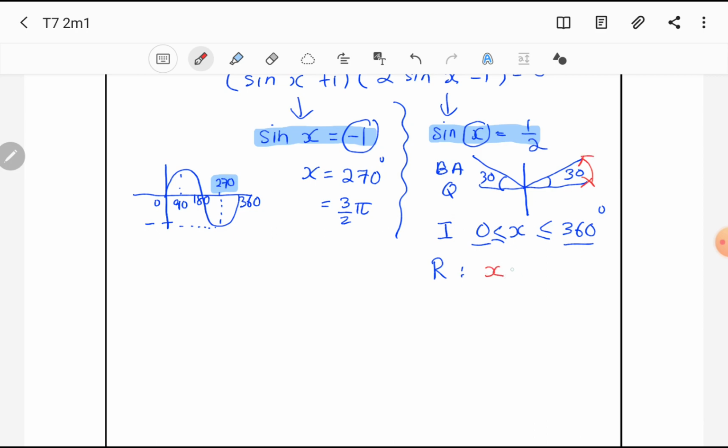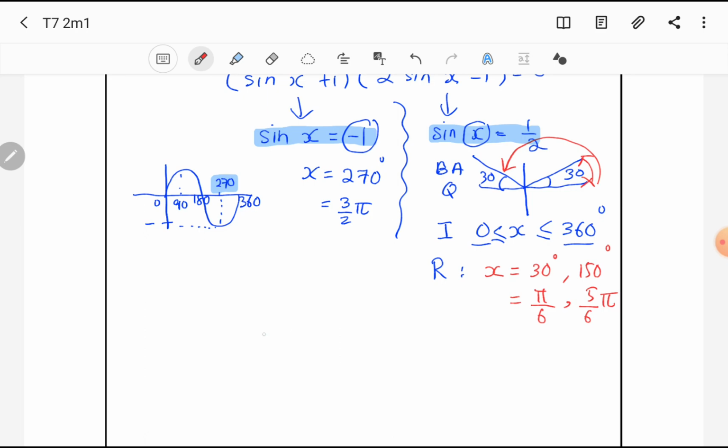So x equal to 30 degrees. Lagi pusing sampai second quadrant equal to 150 degrees. Okay, tak perlu nak second rotation. Okay, so 30 degrees sama je dengan pi over 6. 150 degrees, 5 over 6 pi.